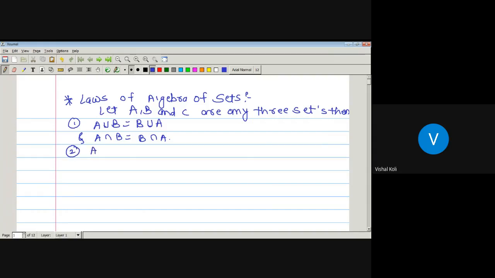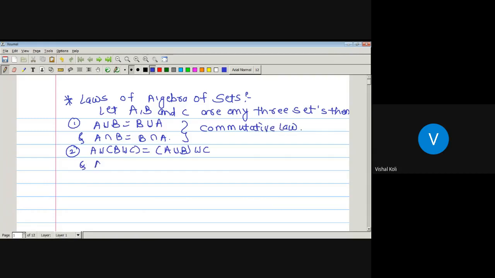Second one, A union (B union C) is equal to (A union B) union C. This one is called commutative law.